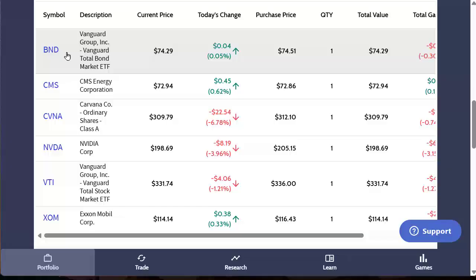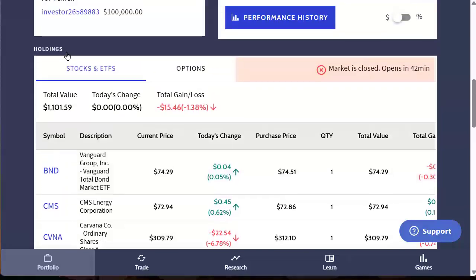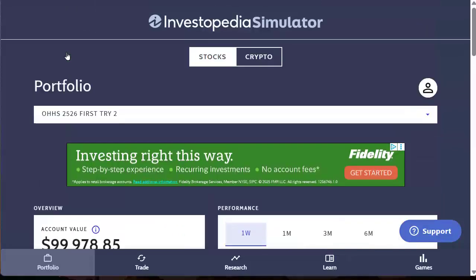About half of them are government bonds and about half are corporate bonds, I believe. But I'll show you exactly how to buy these.